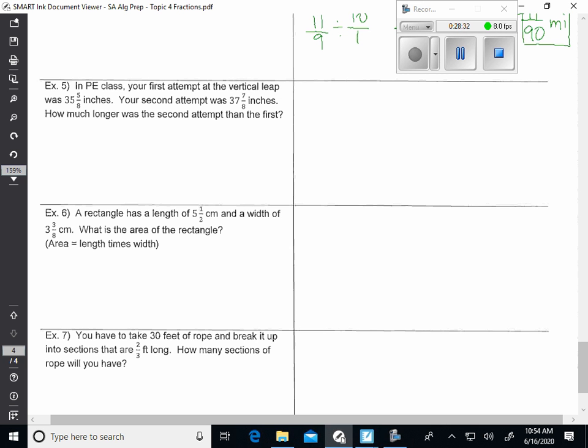Your second attempt was 37 7/8 inches. How much longer was the second attempt than the first? So in this particular case, you started with 35 5/8. You're at 37 7/8. You're trying to figure out the distance in between. That's a subtraction problem.